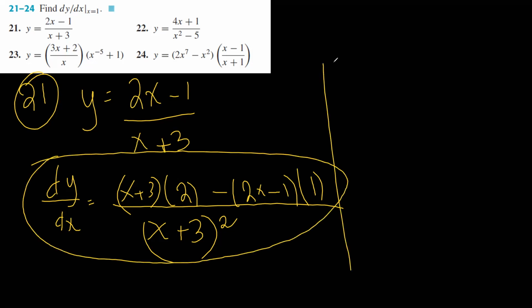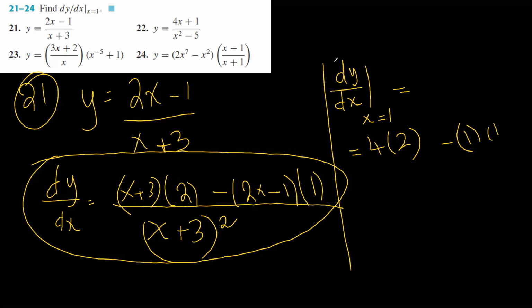Now I have to find dy over dx when x equals 1. Just substitute now with x equals 1. 1 plus 3 is 4, times 1 minus 1 times 1, over 1 plus 3 is 4, squared.